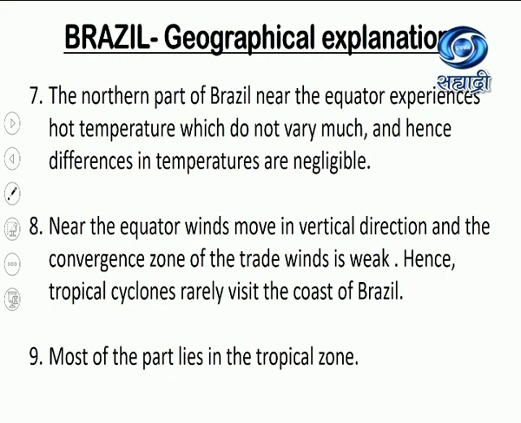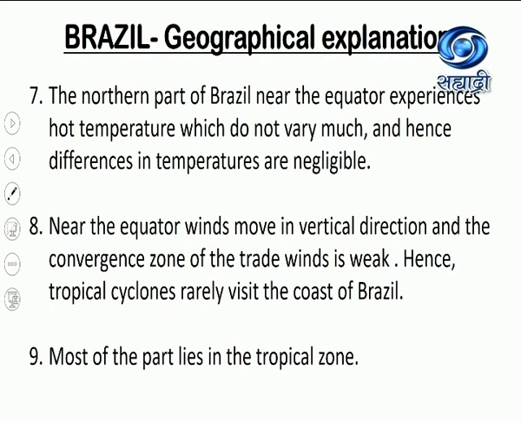This is the most important point related with climatic condition of Brazil. This happens at 5 degrees north and south of the equator, where we find the winds are blowing in a vertical direction, and where they converge, these winds become weak. Now, because of this, there are no cyclones visiting the coast of Brazil.